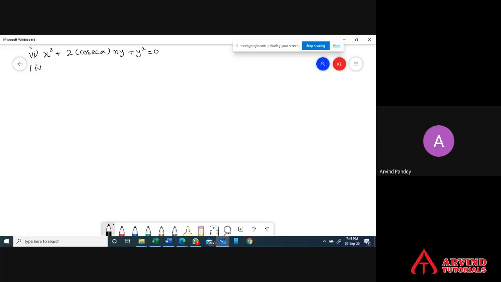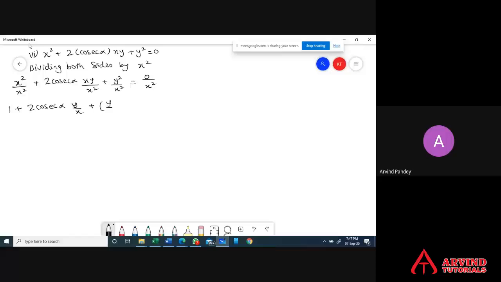Okay, I'll say dividing both sides by x square. So it will be like x square upon x square plus 2 cosec alpha xy upon x square plus y square upon x square equal to 0 upon x square. Okay, so it is 1 plus 2 cosec alpha (y upon x) plus (y upon x) the whole square equal to 0.